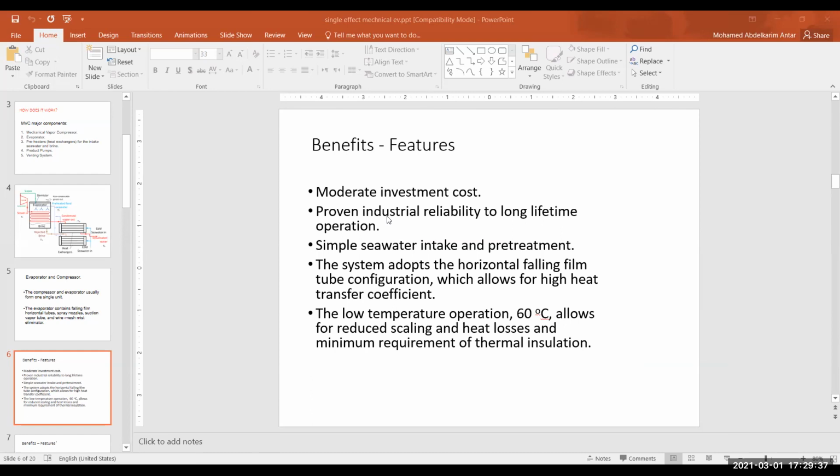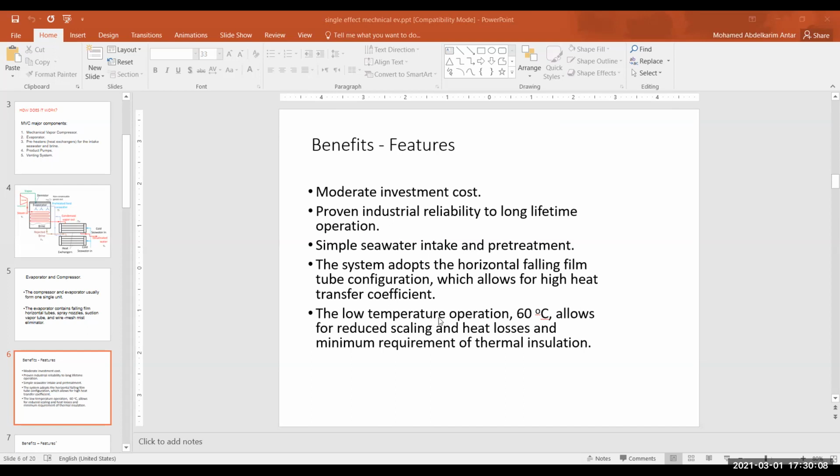But that does not apply for this system, because scaling is occurring on the outside surface of the tubes, not inside. Hence, if you need to clean the tubes, you have to shut it down, take the tube bundle outside, and clean it or replace it by another one. This requires shutting down the plant, which means that you cannot do cleaning while the system is in operation.